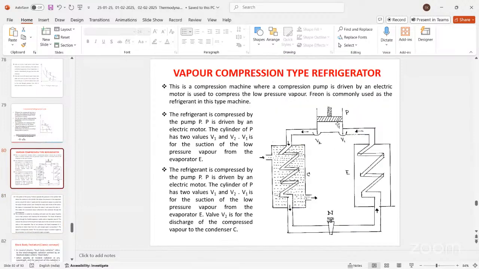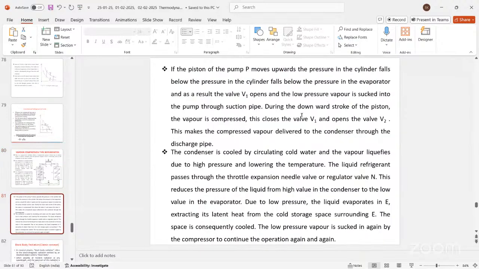Where is the suction pipe here? During the downward stroke of the piston, the vapor is compressed. This closes the valve V1 and opens the valve V2. This makes the compressed vapor delivered to the condenser through the discharge pipe.